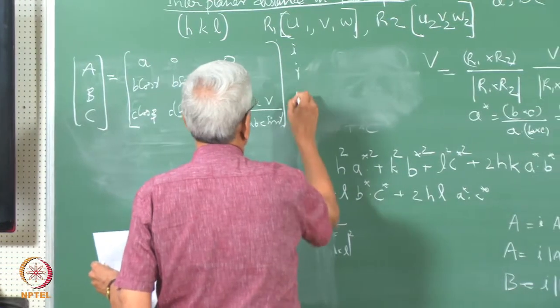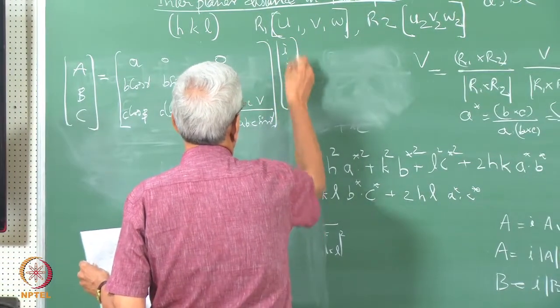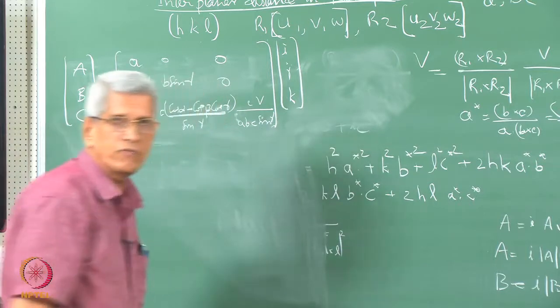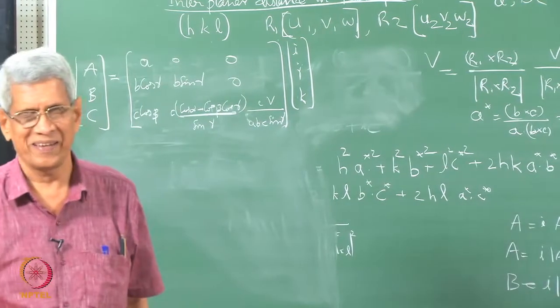i, j, k, and what is V here? This V is nothing but the volume of the unit cell.